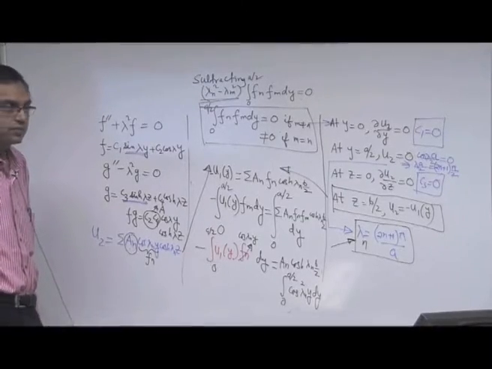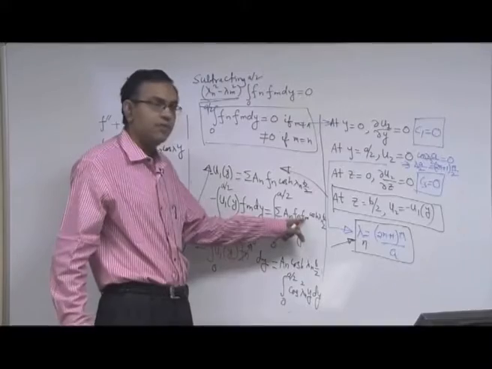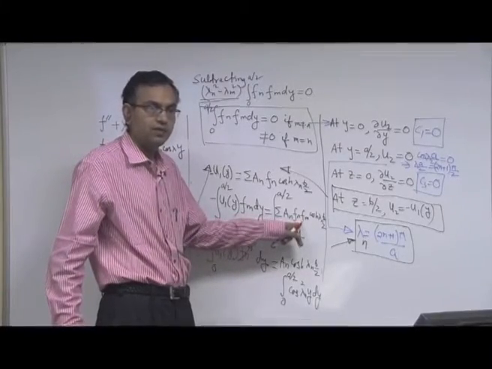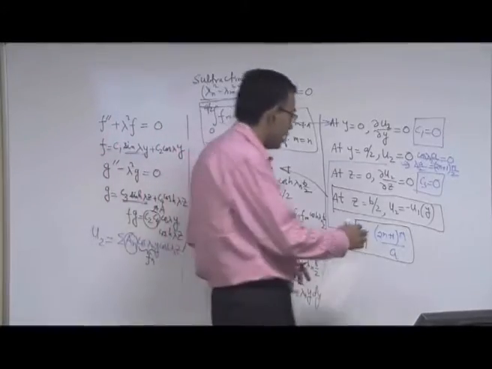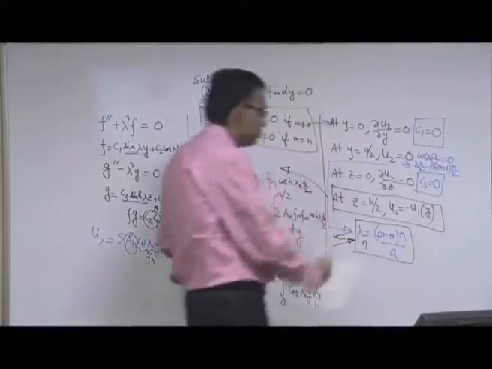This fm becomes fn, so it becomes fn square, which is cos square(lambda n y), where the value of lambda n is given by this equation.